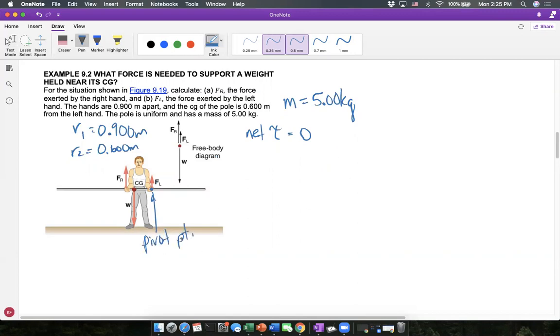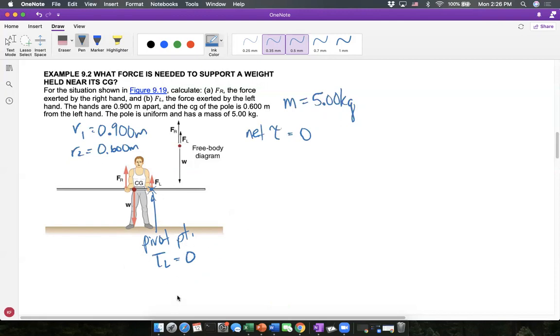And remember that at our pivot point the torque is going to be 0, and the reason is because our radius is 0, if we're claiming that that is our starting point here. Okay, so let's go off of that.